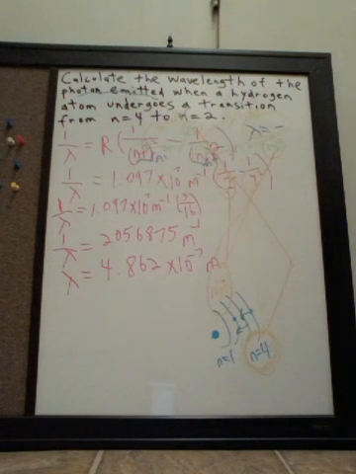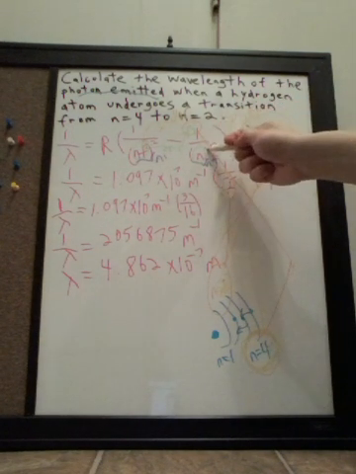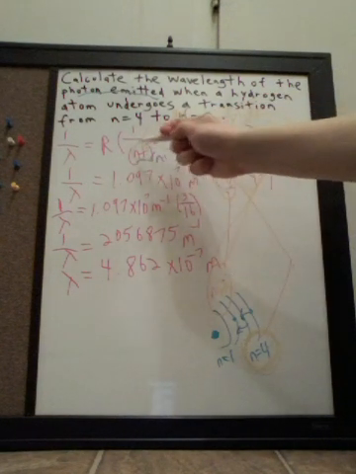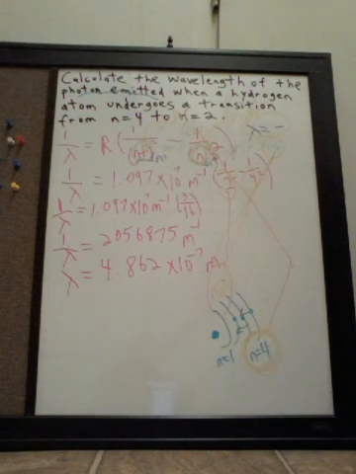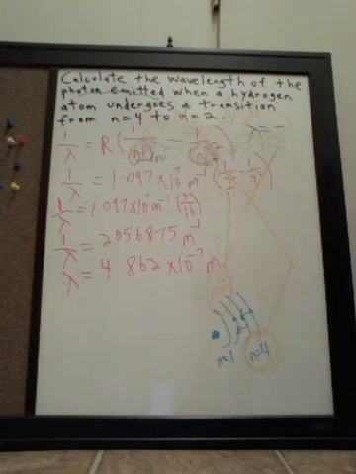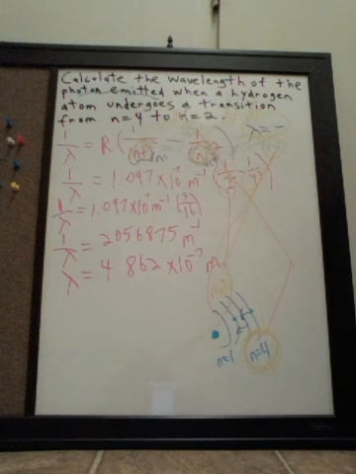As long as you remember that the number you put into here is the bigger number, and the number you put into here is the smaller number, you'll get the correct value for the wavelength. So the wavelength will be a positive value. If you do it the opposite, like I said, the wavelength that you get will be negative, and wavelength or any unit of measurement should not be negative, right?